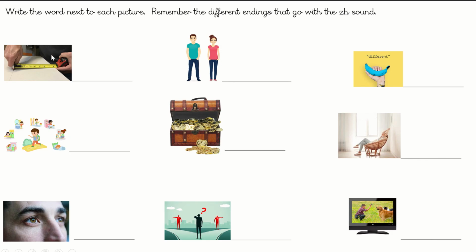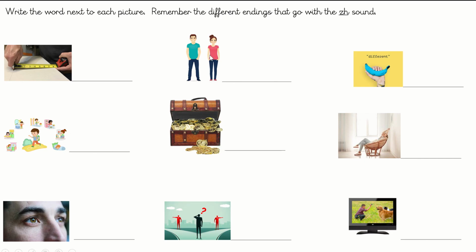The one on the top left is measure. The one below measure is usual. The one below usual is vision. Then I'm going to the middle column, and here there's a man and a lady, and they're in their jeans and t-shirts and they're very happy.